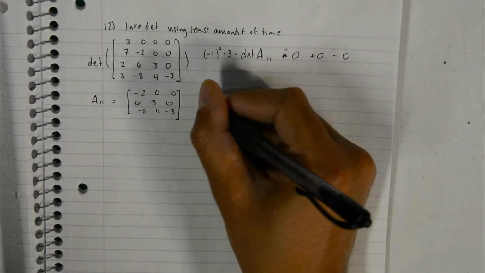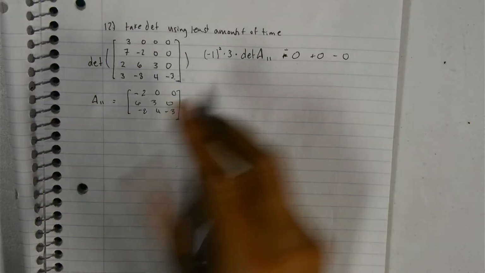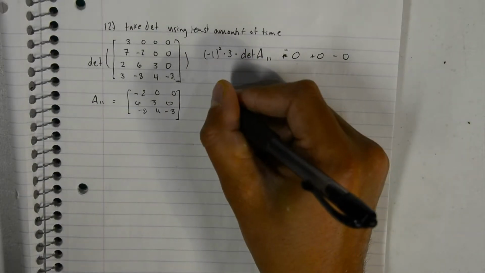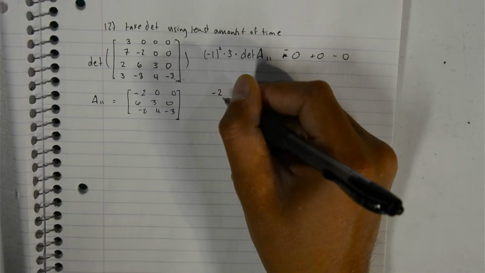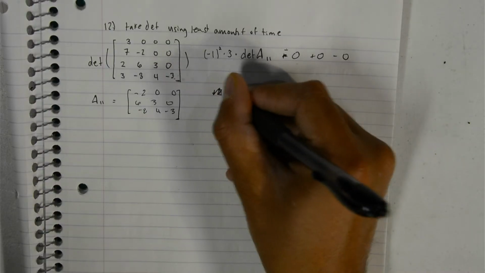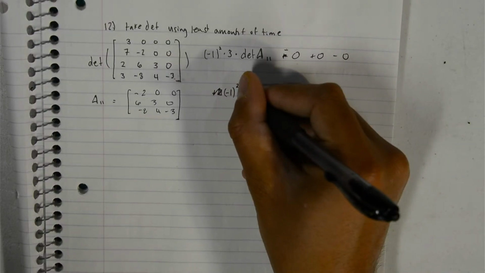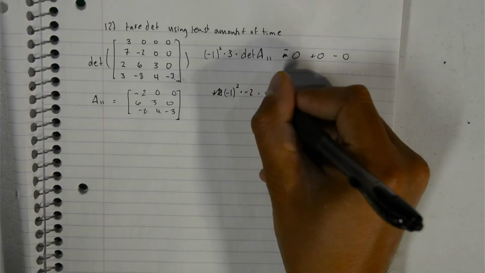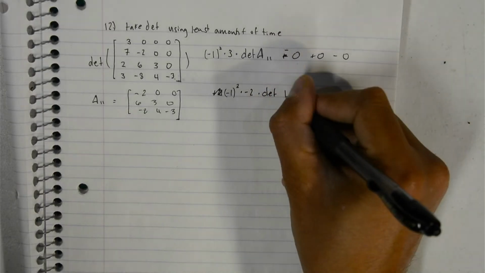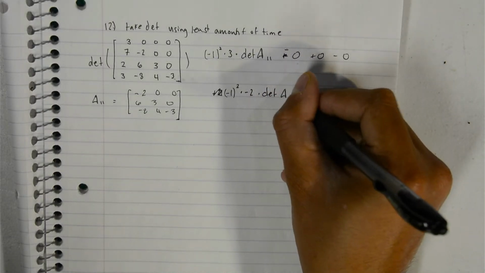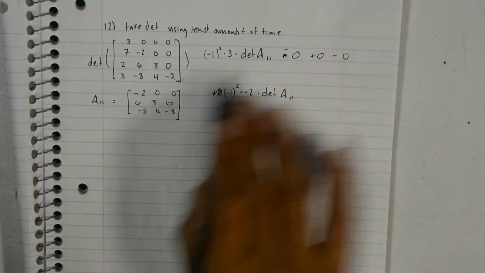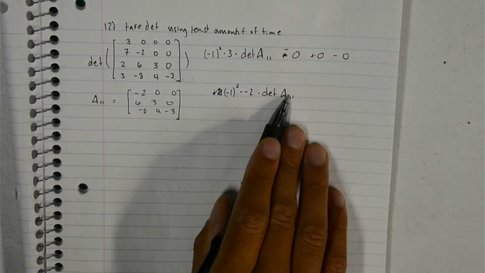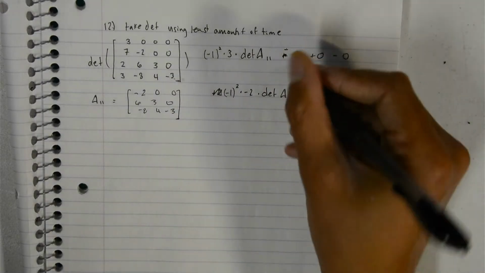So the det, we're going to do it along this first one again. Minus 1 squared times minus 2 times det A11. And I don't like that we keep using A, because these are two different A11s. This A11 refers to this one.